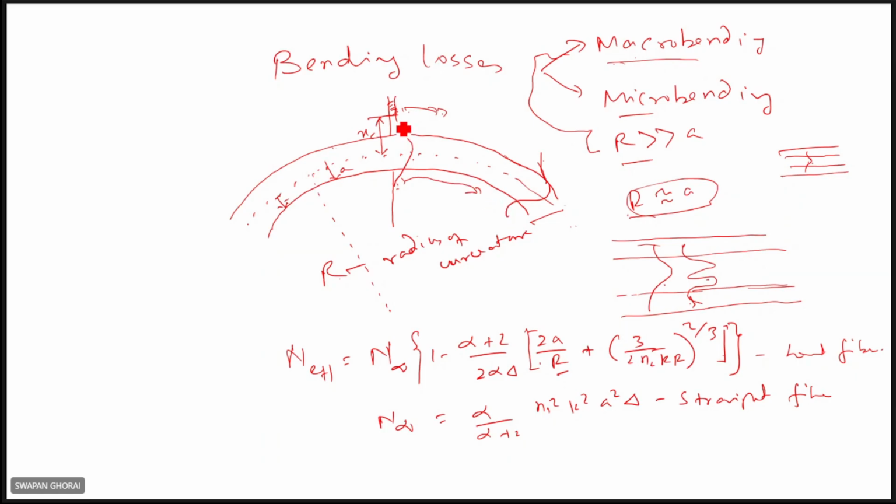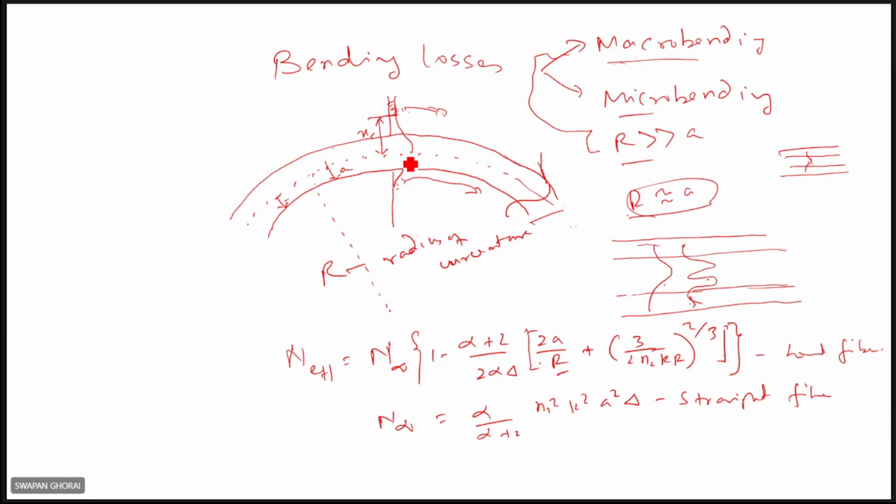So after a certain critical distance xc, this portion would have to move faster than the velocity of light, which is impossible. So the mode structure will not be present.